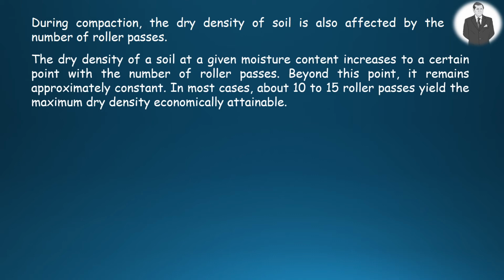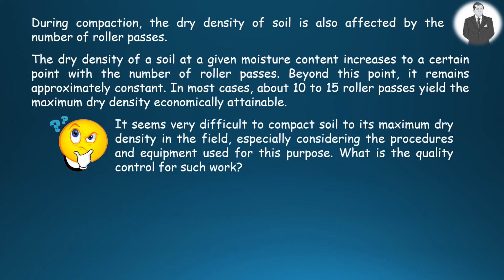In most cases, about 10 to 15 roller passes produce the maximum dry density economically obtainable. It appears very difficult to compact soil to its maximum dry density in the field, especially regarding the procedures and equipment employed for this purpose.